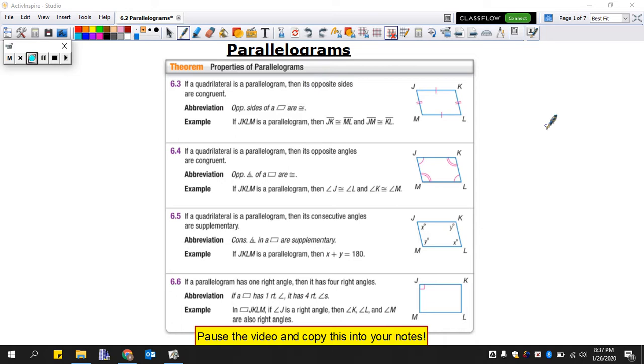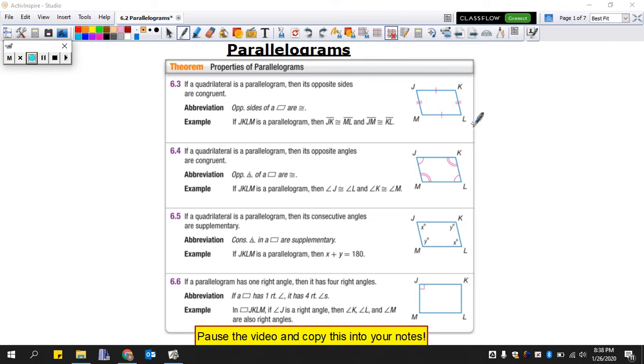polygon. Okay, so the first property that we're going to talk about says that if a quadrilateral is a parallelogram, then its opposite sides are congruent. So in this case, JK is congruent to ML, and JM is congruent to KL.